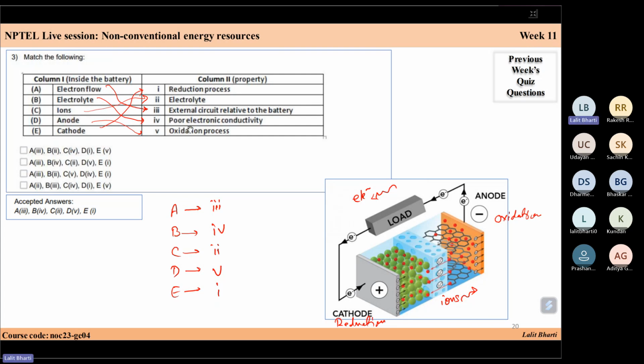Electrolyte is a poor electronic conductor and a good ionic conductor. Then ions are in the electrolyte. Anode is where the oxidation reaction occurs, and cathode is where the reduction process happens during the discharge. So just match the options and option 2 will be correct in this question.